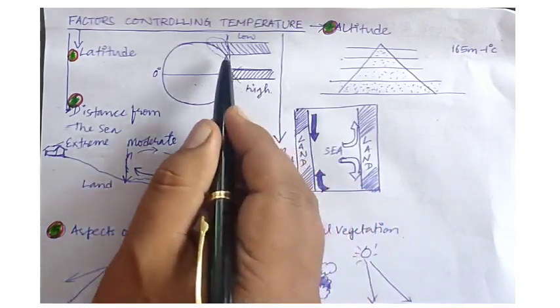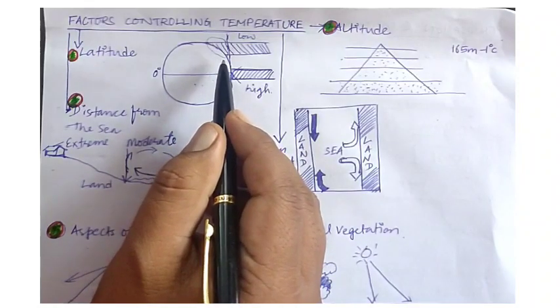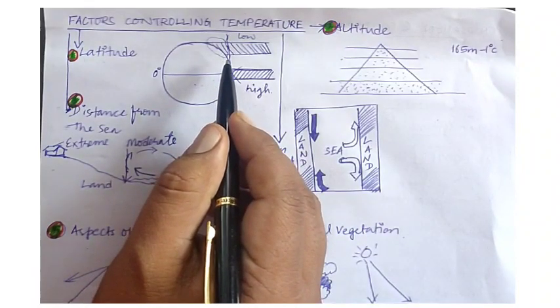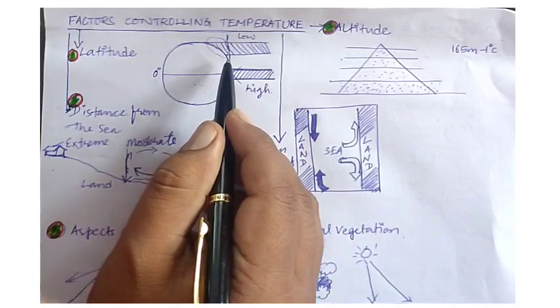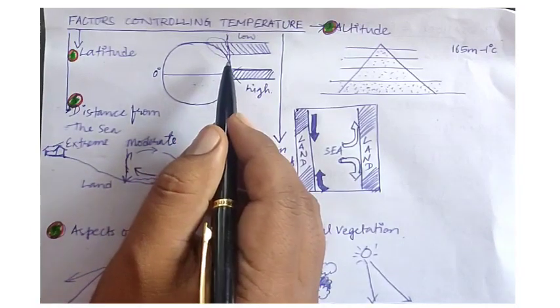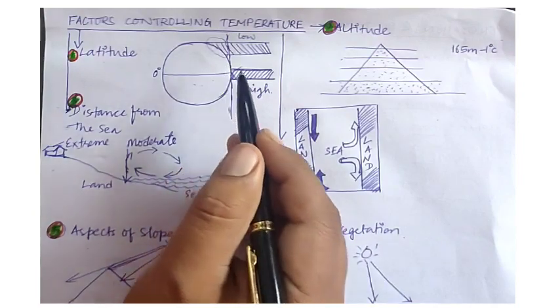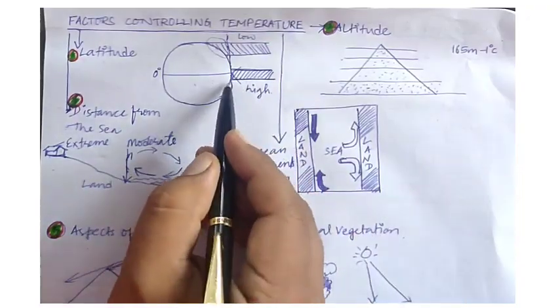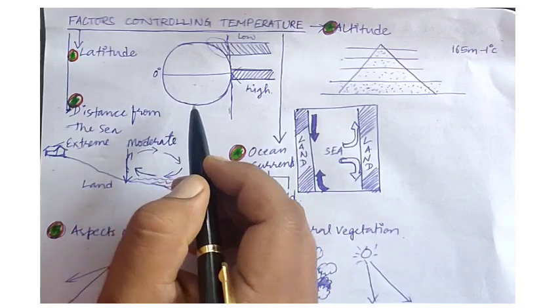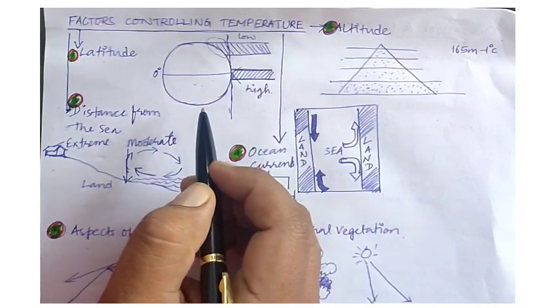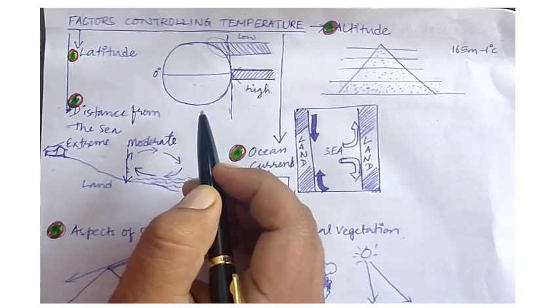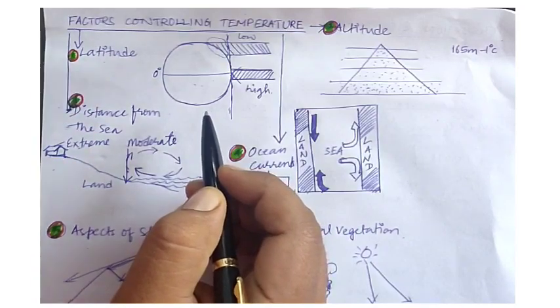Whereas the inclined rays have to cover a larger distance and be spread over a larger area, so the intensity of the heat is low. As we move from the equator towards the poles, the rays become inclined, and the temperature also decreases. So this is the first factor, latitude.